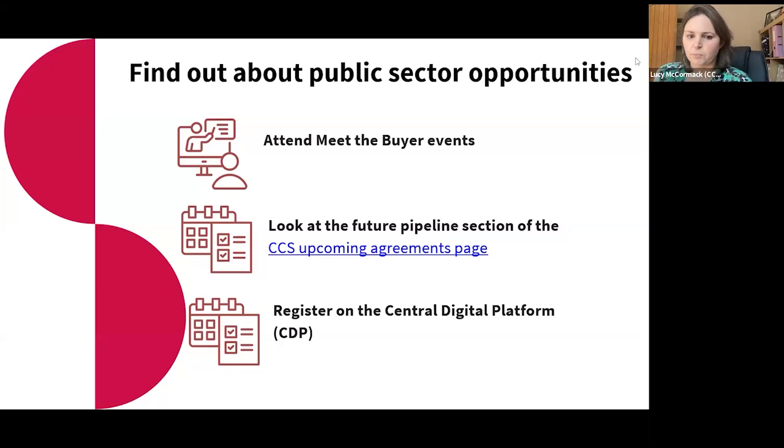The Central Digital Platform, introduced under the Procurement Act, as I said, is a single place to access much greater transparency information across the public sector through several different types of notices that the buyers, contracting authorities, must publish. It's built on the existing Find a Tender service.